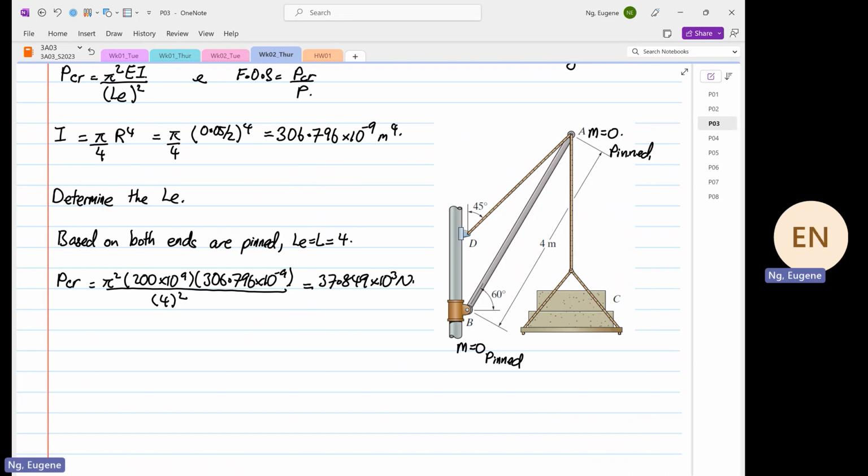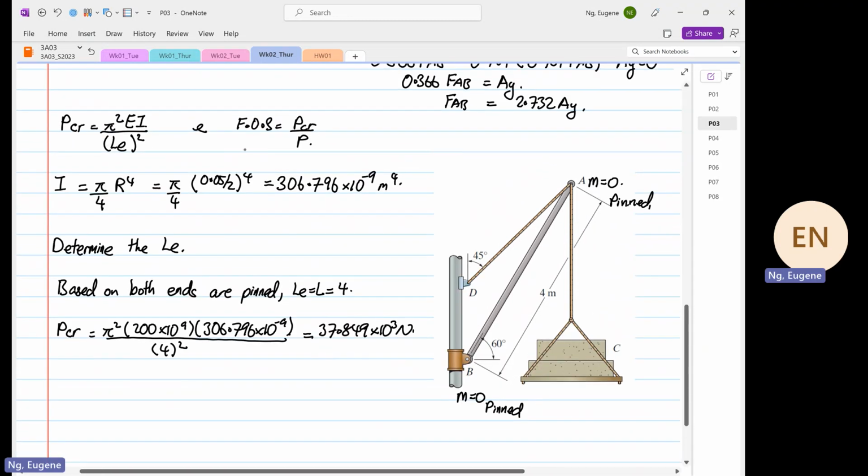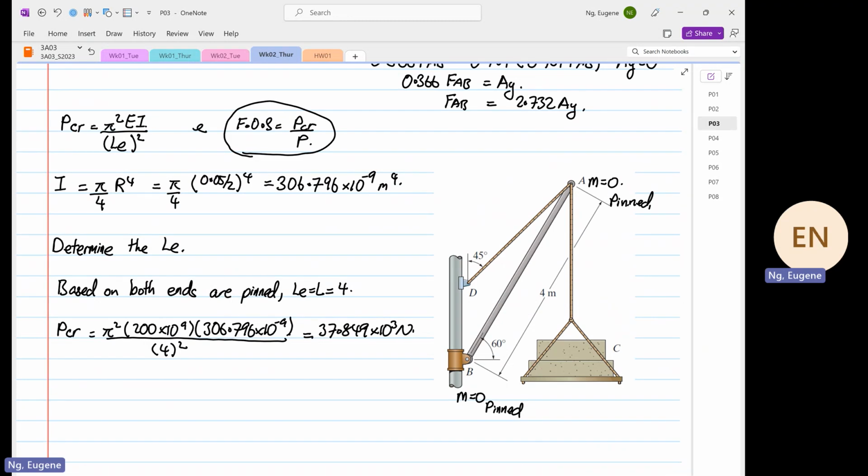So before we go there, we know that the load that is carried is 37.569. Then we also know this relationship where P critical is equal to the applied load P multiplied by FOS, the factor of safety.